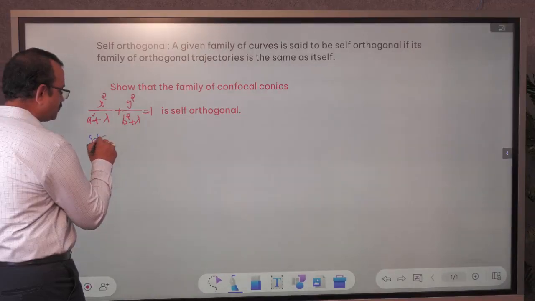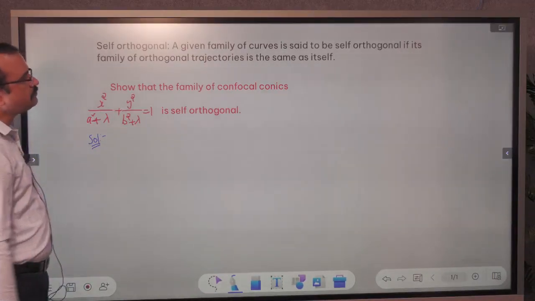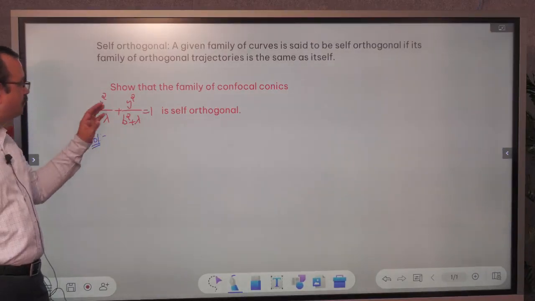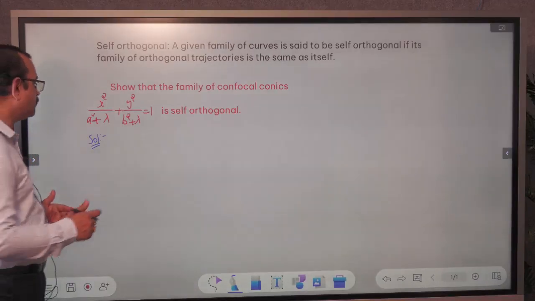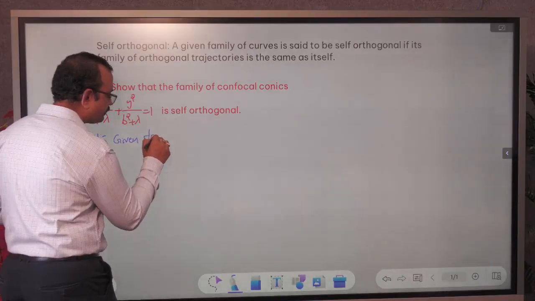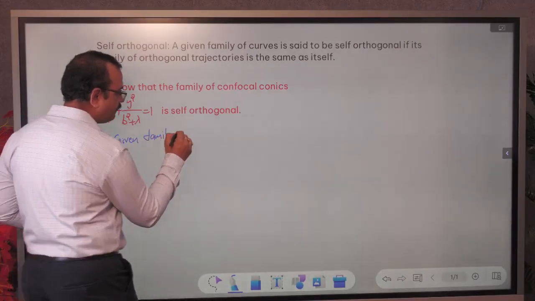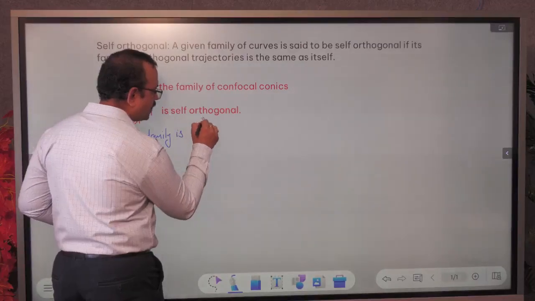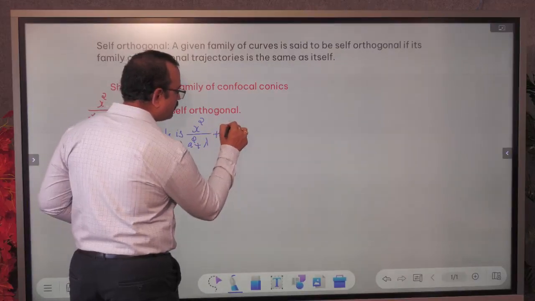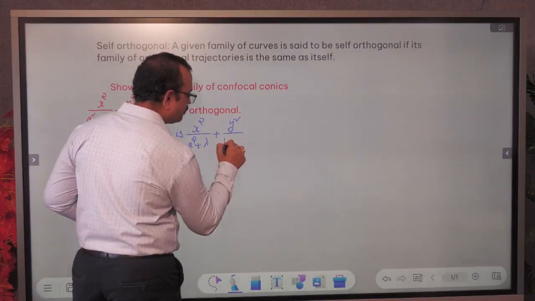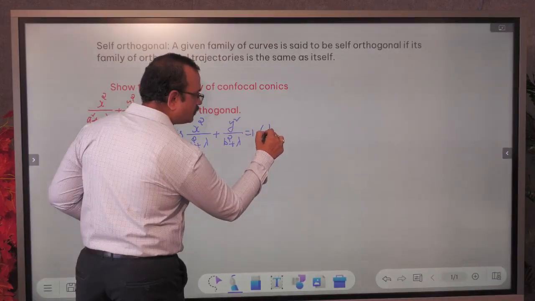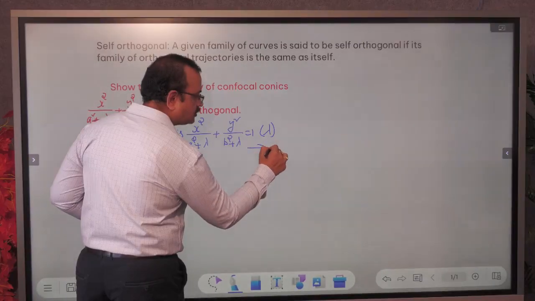As we discussed in the previous video, we will find the orthogonal trajectory of this family in different steps. First of all, we write the given family: x square by a square plus lambda plus y square by b square plus lambda is equal to 1.